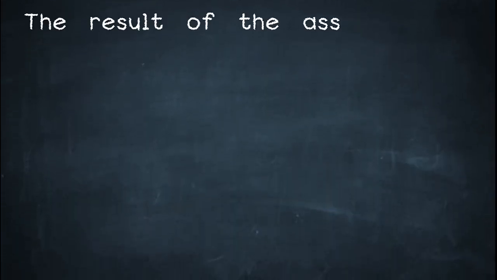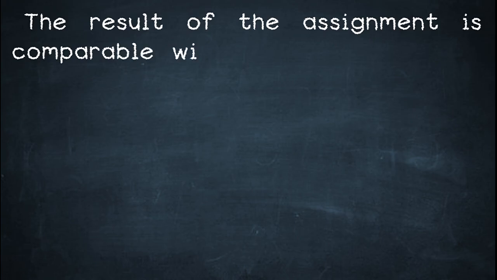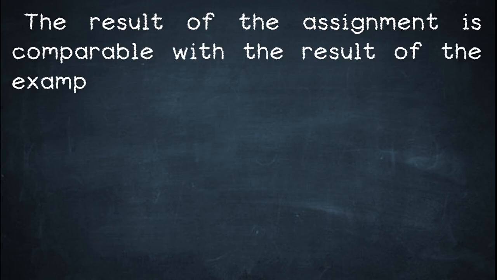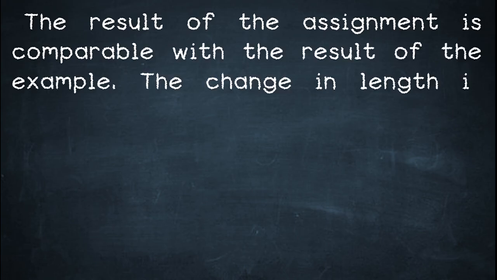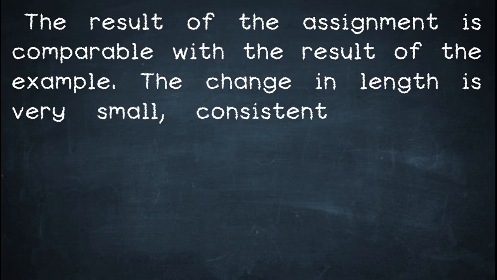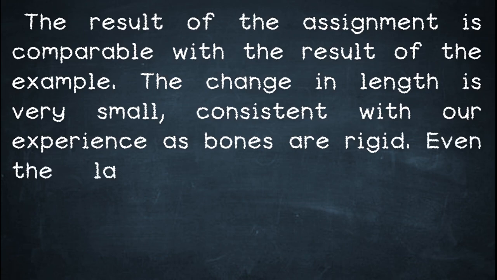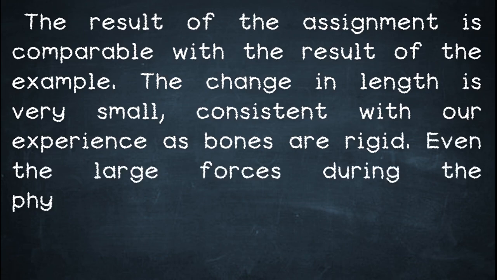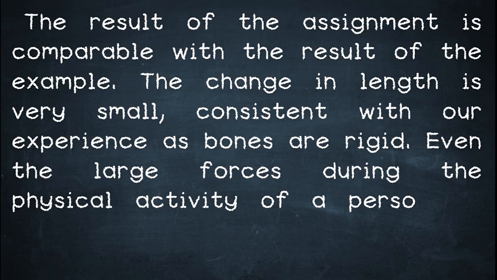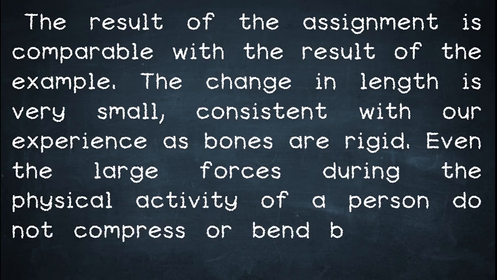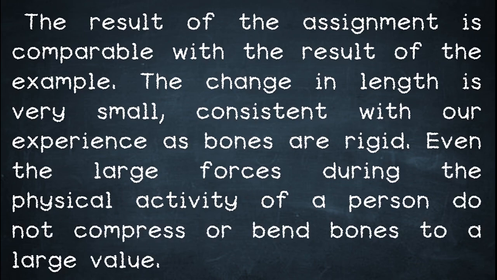The result of the assignment is comparable with the result of the example. The change in length is very small, consistent with our experience as bones are rigid. Even the large forces during the physical activity of a person do not compress or bend bones to a large value.